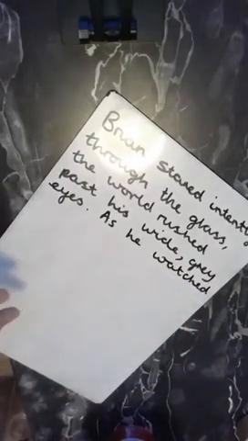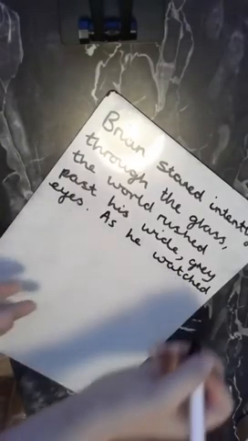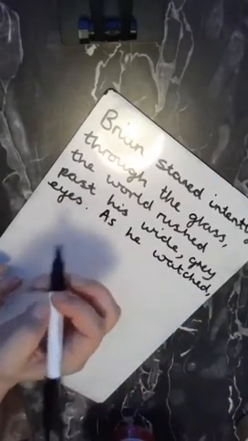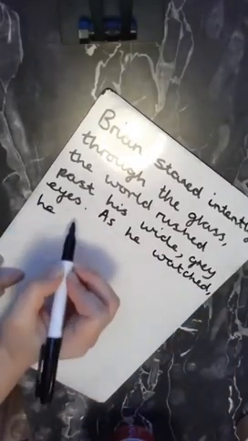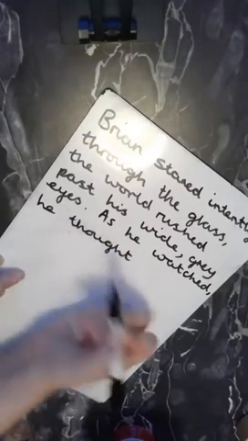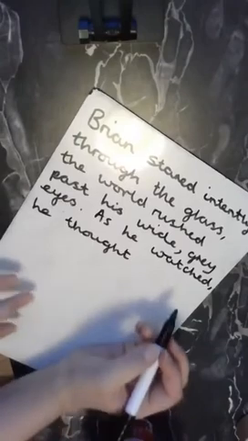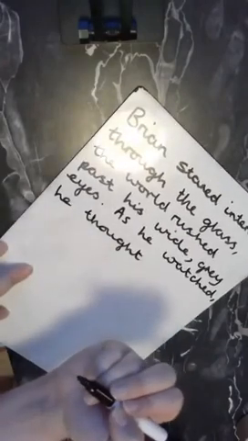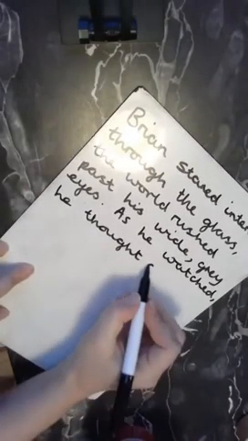I've got a fronted adverbial here, so I need to put a comma. As he watched, he thought about his family. Again, implying that my character is thoughtful and also showing that he's maybe got quite a close connection with his family if he's thinking about them.